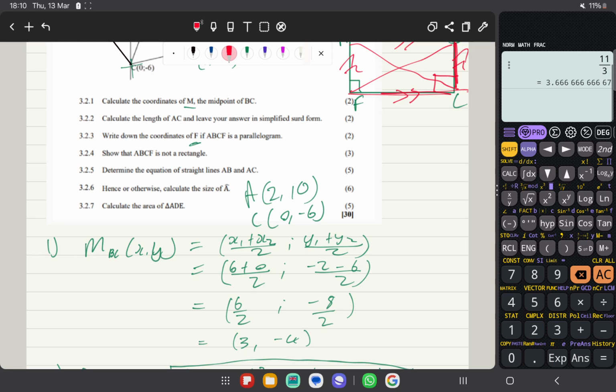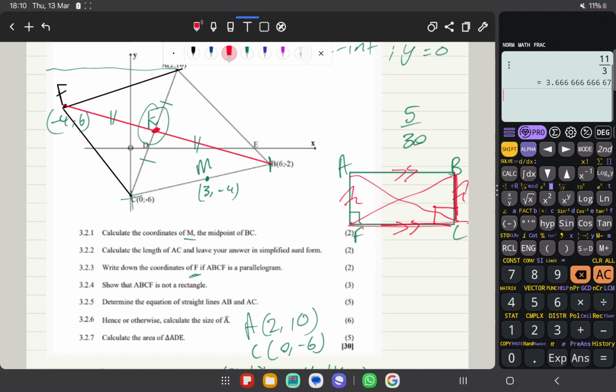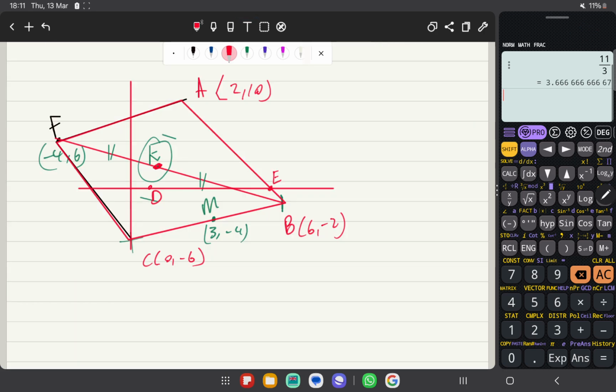Question 5 says determine the equation of the straight lines AB and AC. Cool. I need this diagram, so I'm going to draw on top of it and copy it, because I need it.